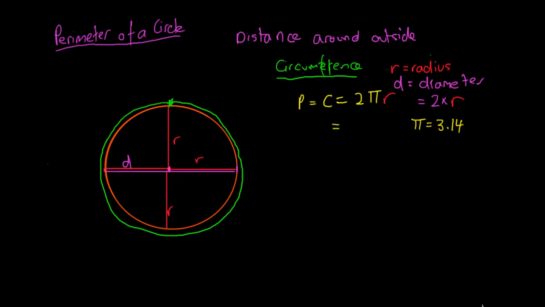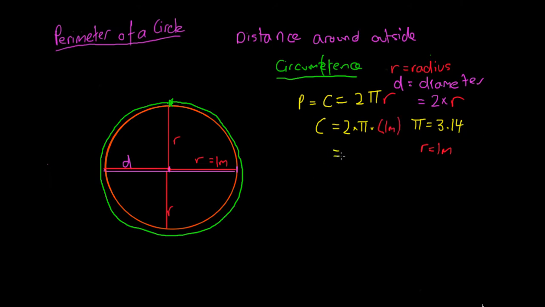If we're wanting to work out the circumference of a circle, and say our circle here in the middle has a radius equal to 1 meter, we know that the circumference is just this formula. If our radius is 1 meter and pi is 3.14, then the circumference, or the perimeter of this circle, is equal to 2 multiplied by pi multiplied by the radius, which is 1 meter.